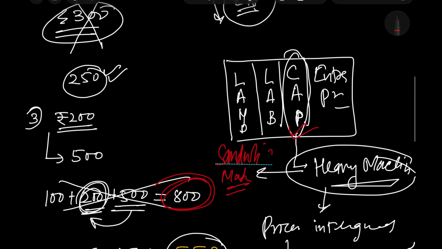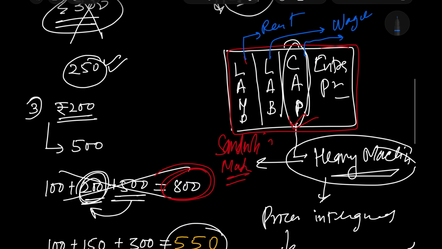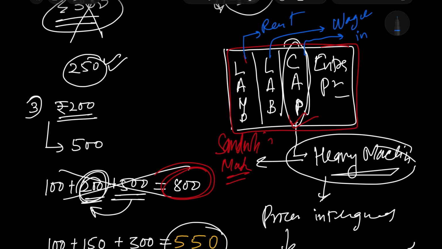Now since we are using these things, we have to pay a cost. For the land, we pay rent. For labor, we remunerate them in the form of wages. For capital, we remunerate in the form of interest. And for the entrepreneur, the remuneration is in terms of profit.